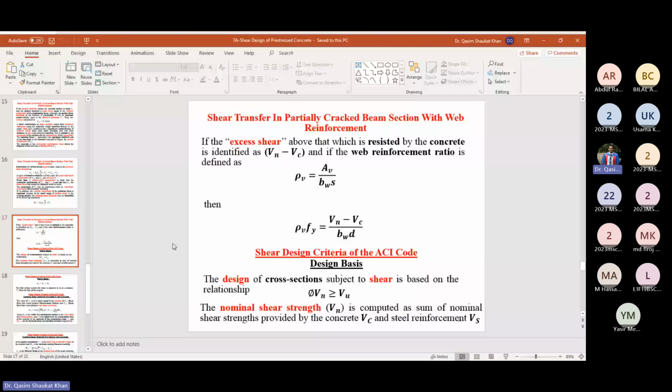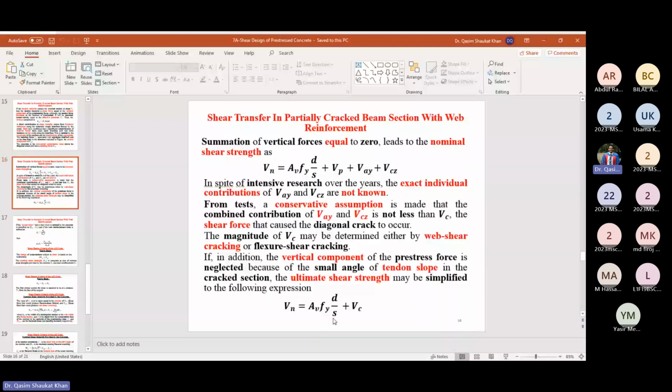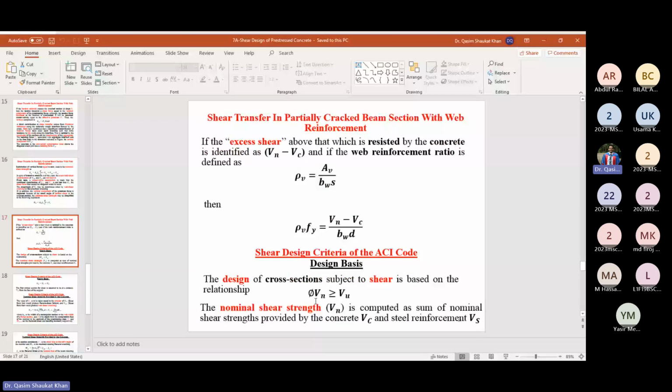So this nominal shear strength, which is the contribution of the steel and the concrete, after it is multiplied with phi becomes the design shear strength. This design shear strength should be equal to or greater than the applied shear. So the design of a cross section subject to shear is based on the relationship that phi Vn is equal to or greater than Vu.